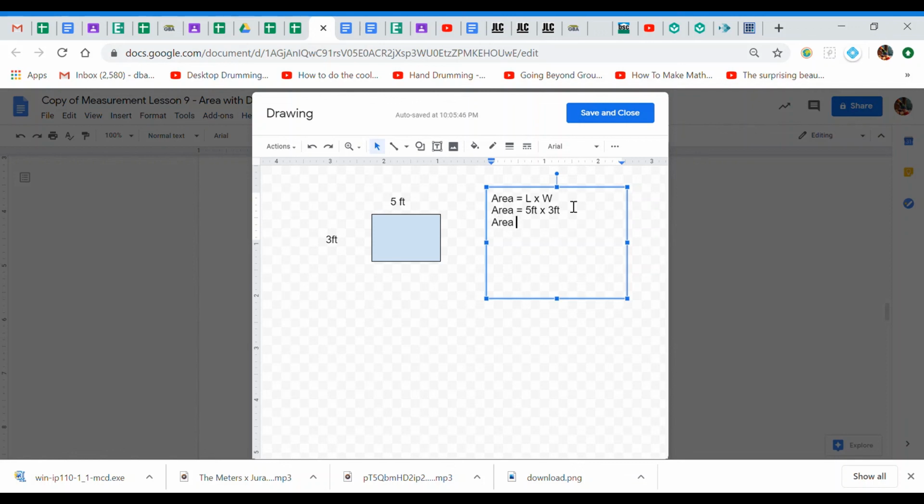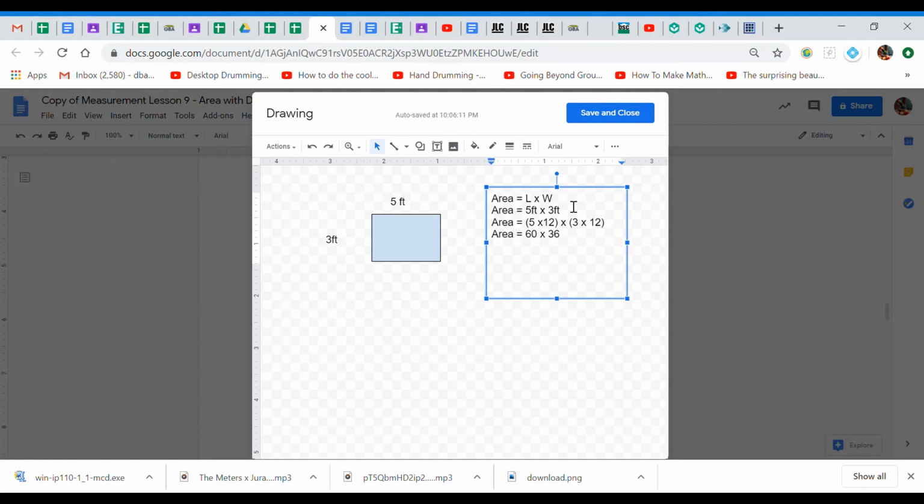So area actually equals 5 times 12, because there's 12 inches in a foot, times 3 times 12, because there's 12 inches in a foot. Just showing a little extra steps there so you know what I'm doing. Area equals 60 times 36.